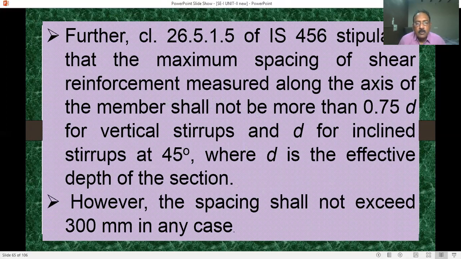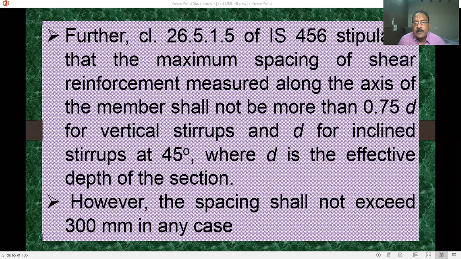This is the code book. You should always have a hard copy with you, because in examinations and competitive exams, the same thing is written.